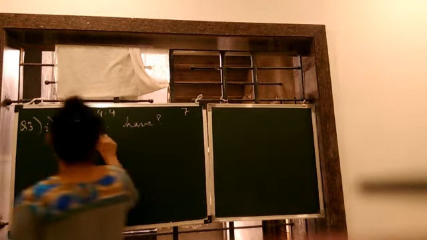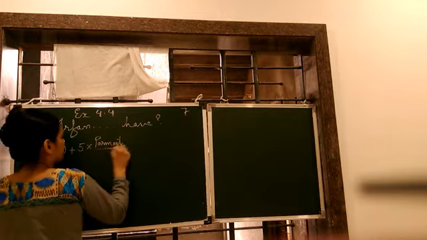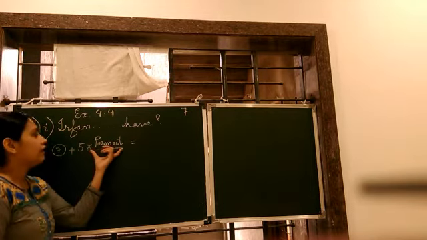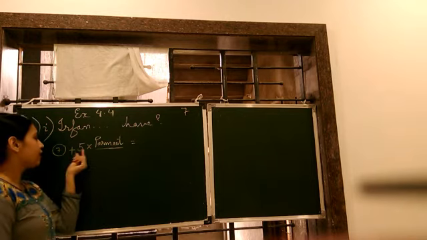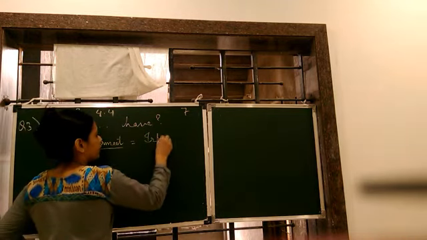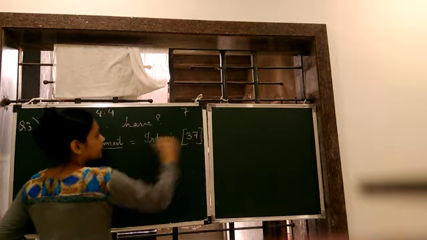Irfan is having Parmeet's marbles multiplied by 5 plus 7, which is equal to Irfan's marbles, that is 37.